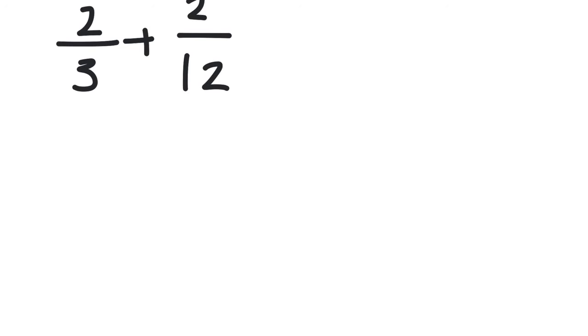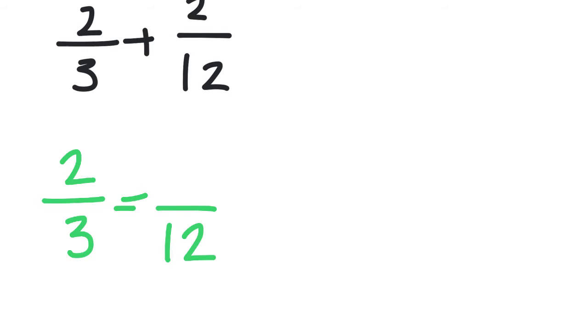So let's try to see if we can turn our 2/3 into 12ths. 2/3 would be equal to how many 12ths? I'm trying to find an equivalent fraction. So I need to ask myself what to multiply by. And remember, when multiplying to find an equivalent fraction, I must multiply the numerator and denominator by the same number.